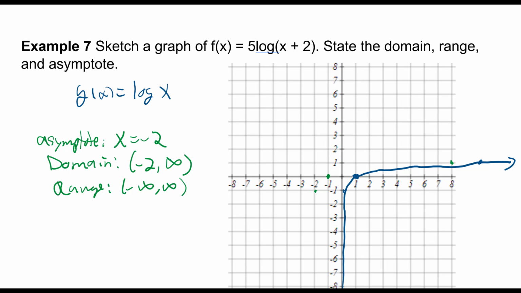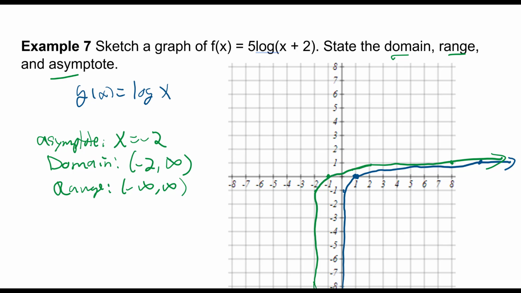So that gives me the domain, range, and asymptote. If I draw this one, it comes up like so, and it's going to be crossing right there.